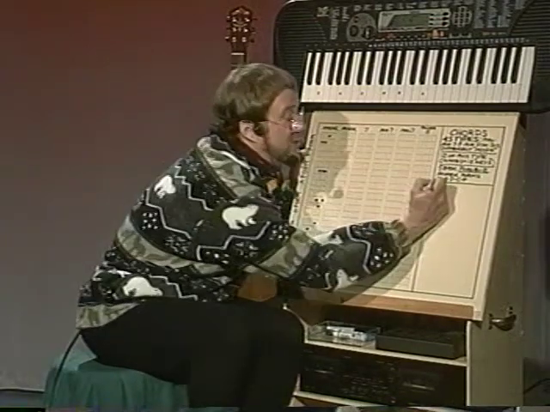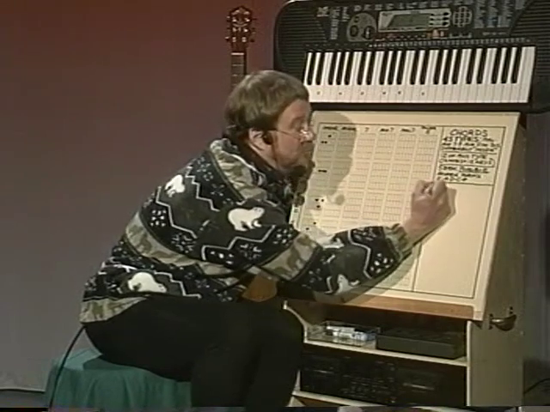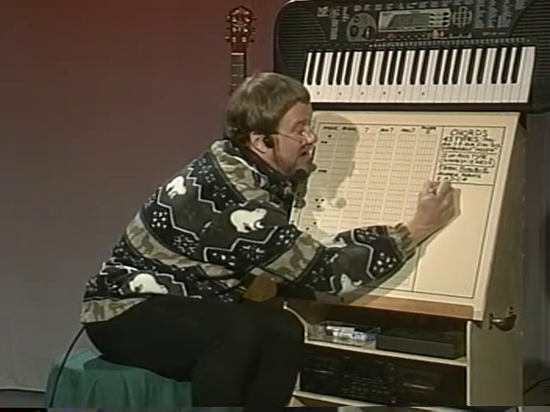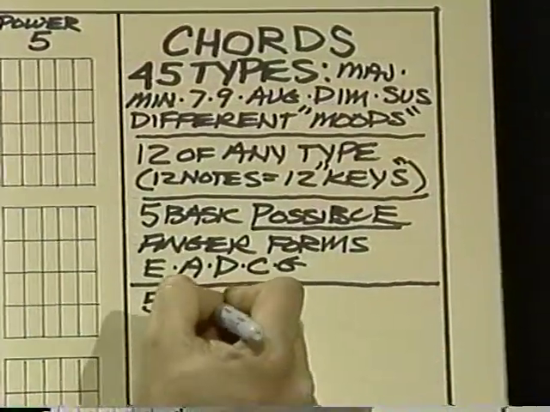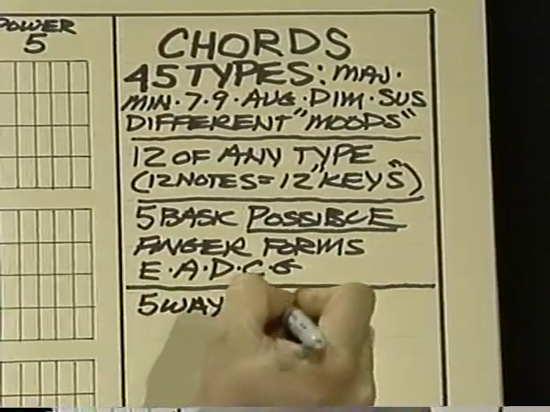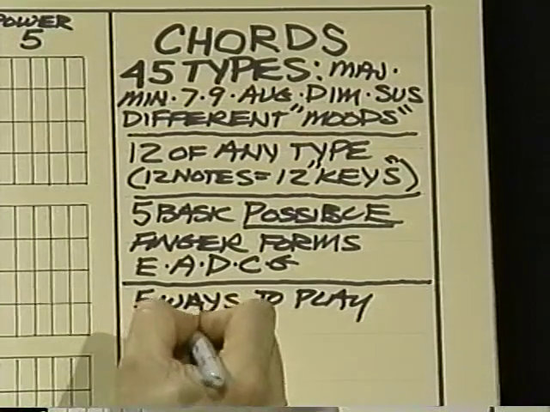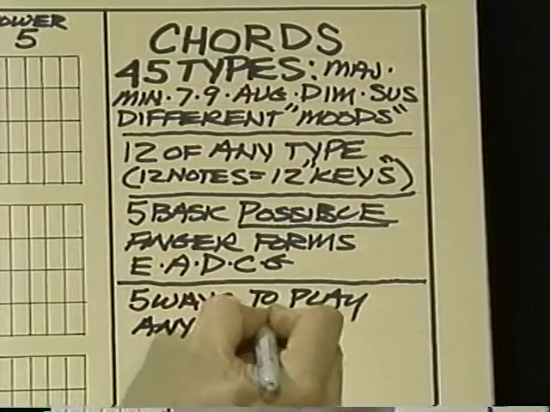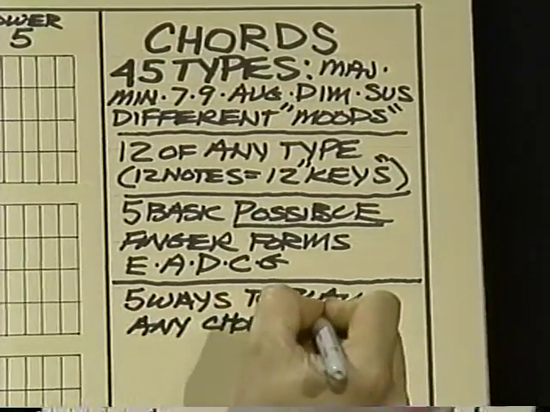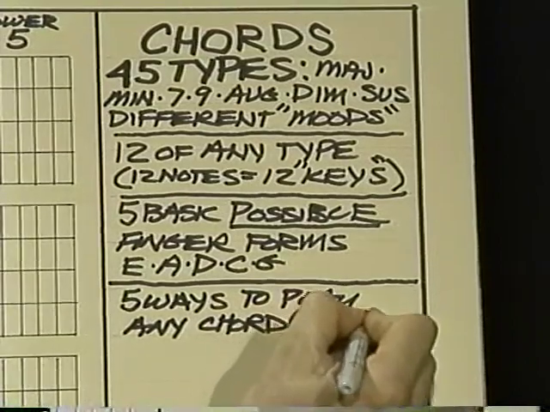So not only can you play all 12 chords, you can play any given chord 5 different ways. There are 5 ways to play any chord. And that's what bar chords are all about.